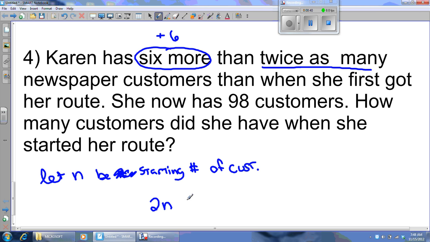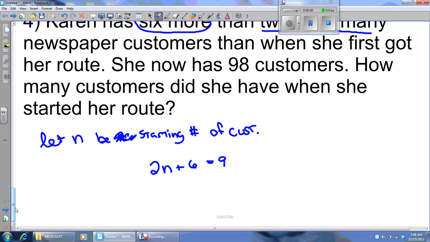I need 6 more than that, plus 6. And she currently has 98 customers. So I'm going to subtract 6 from both sides. 2n is going to equal, oh, silly Mr. Lawrence, it's 98, not 90. It's going to be 92, right? Okay. And dividing by 2, I should get 46.